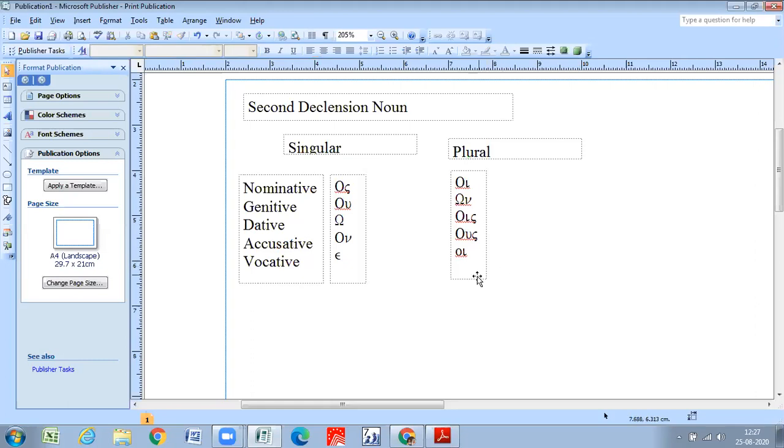Now this is your masculine second declension.